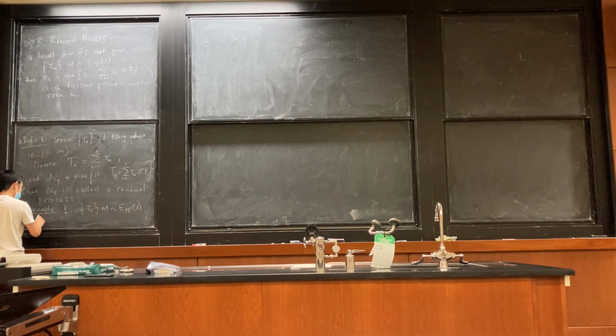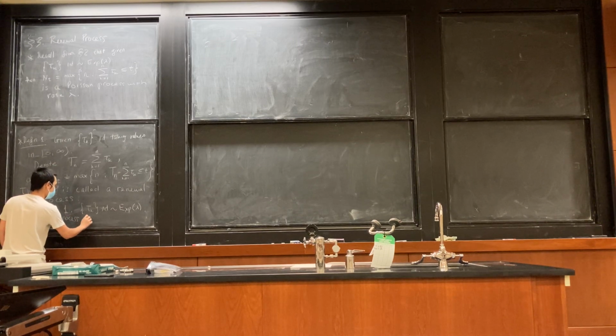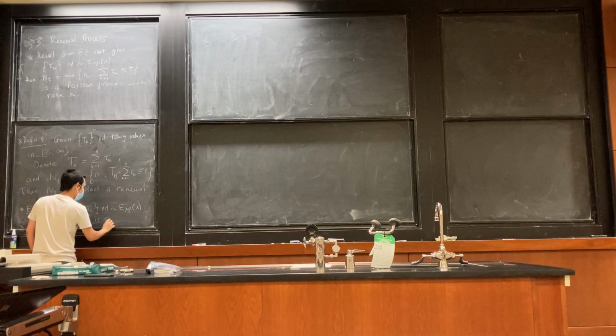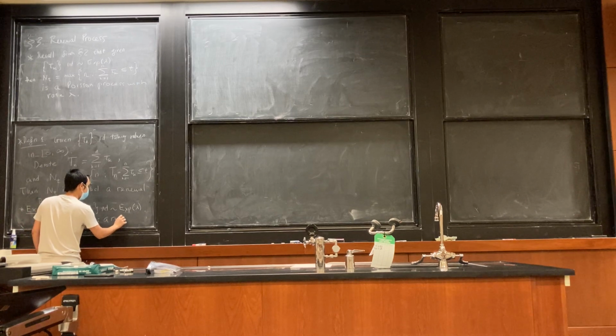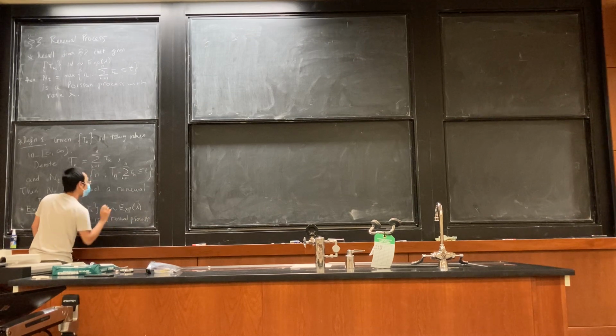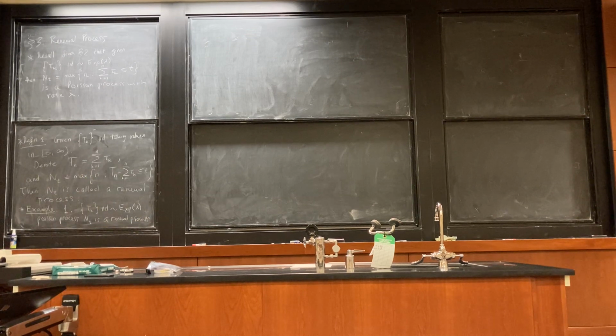Then the Poisson process N_t is a renewal process. Very first example that we already learned in chapter 2.